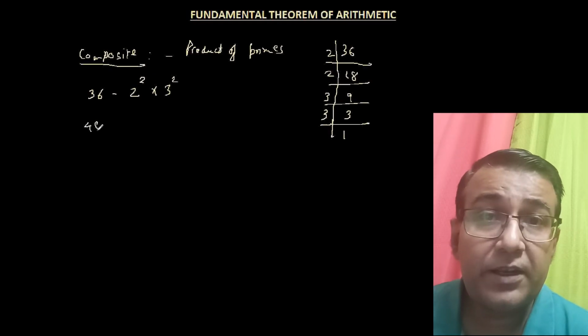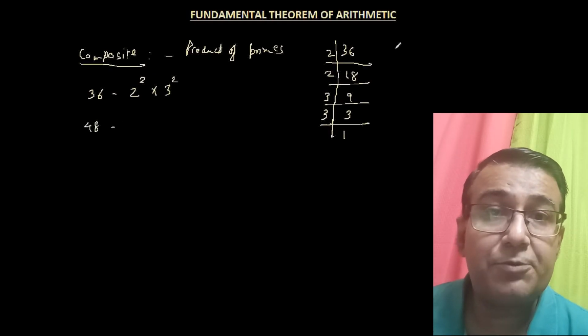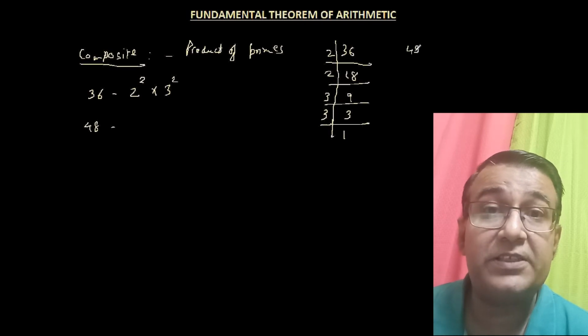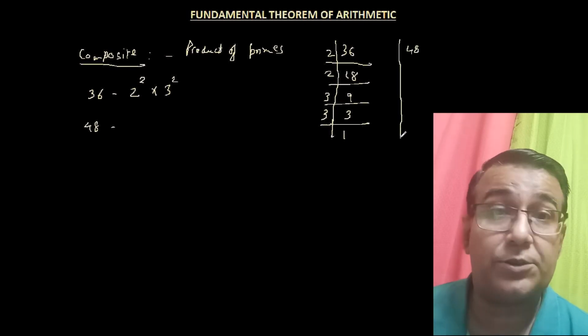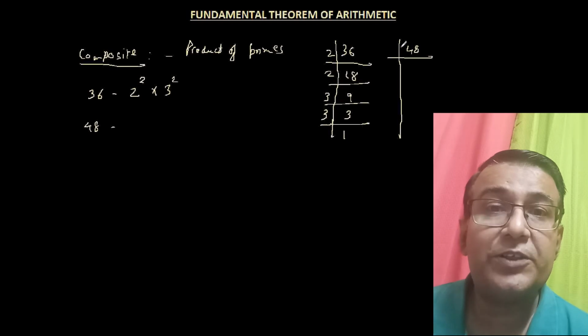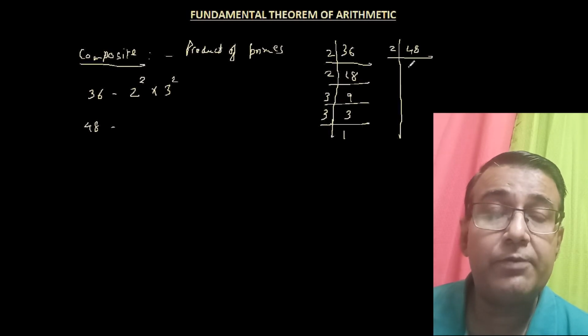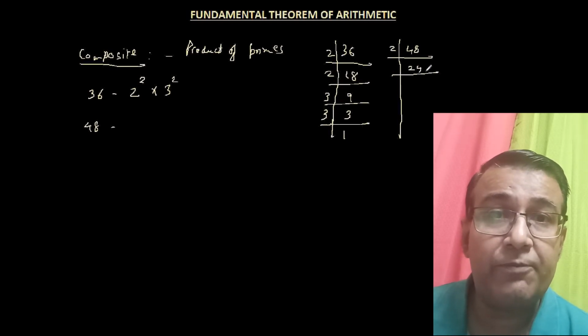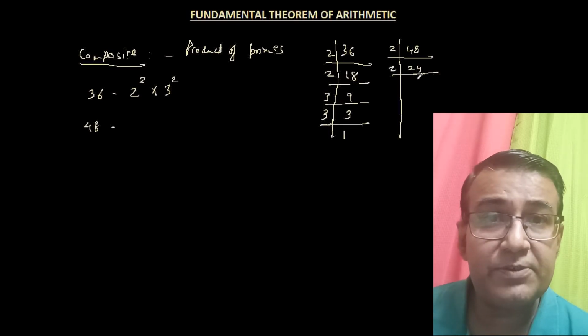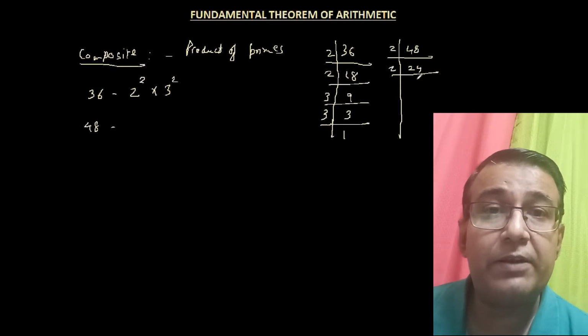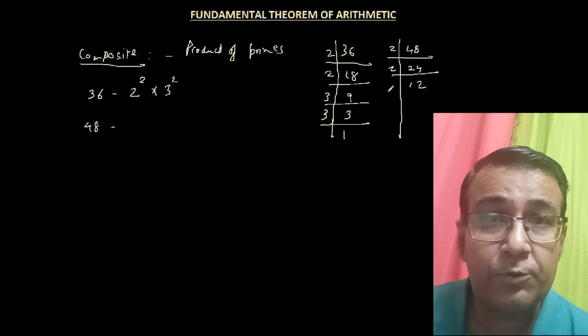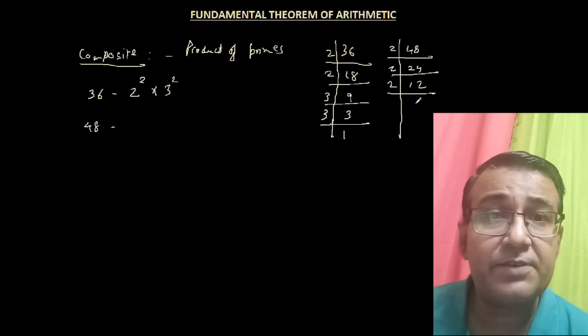Similarly, let's look at the number 48. Now again we'll have to prime factorize 48. That means divide it only by prime numbers, not by composite numbers. So the lowest prime number is 2, and 48 when divided by 2 gives us 24. 24 again is divisible by 2, and when we divide it by 2 we are left with 12, and 12 again is divisible by 2.